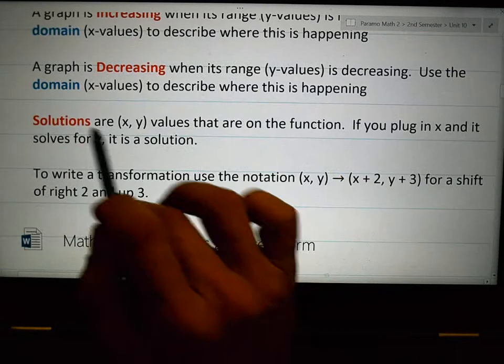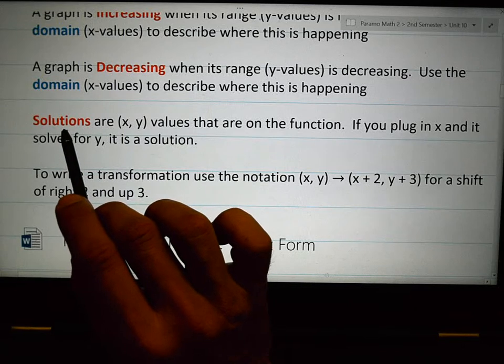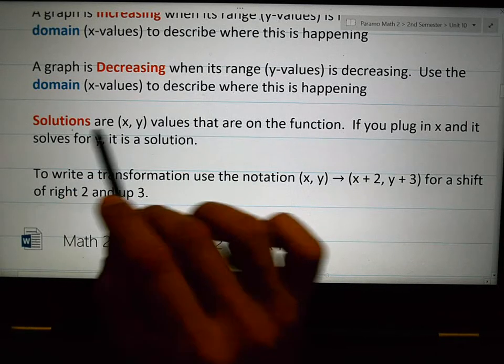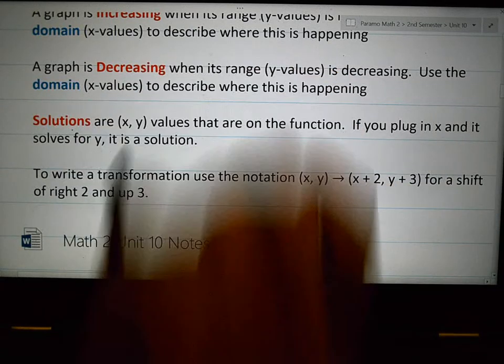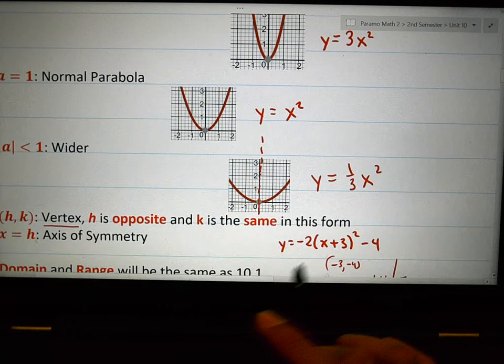Two more things, and then we'll get to some examples. A solution. If something is asking, is this a solution? It's saying, is it on the function? Does that x produce that y? If you're not sure, a lot of times you can plug something in.